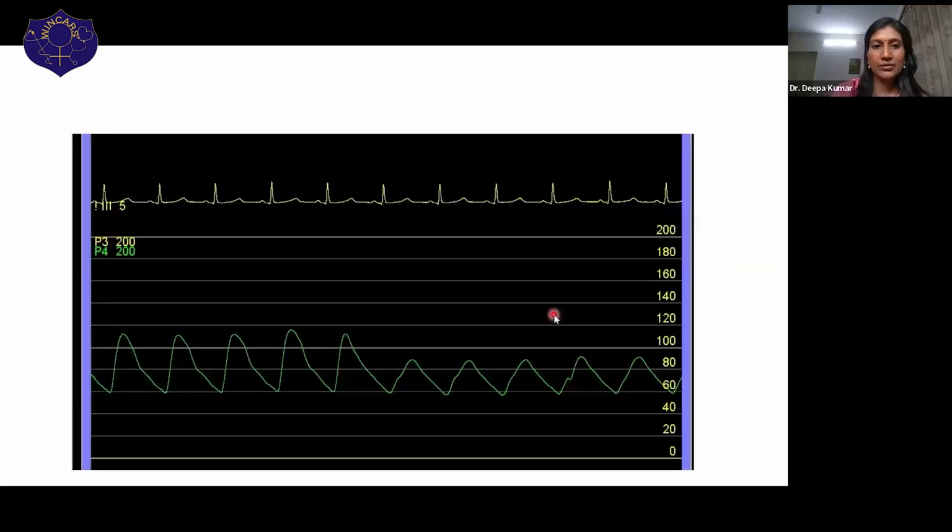It's an inverted V configuration. Okay, this is quite simple. So this is an aortic trace. What are the differential diagnoses?